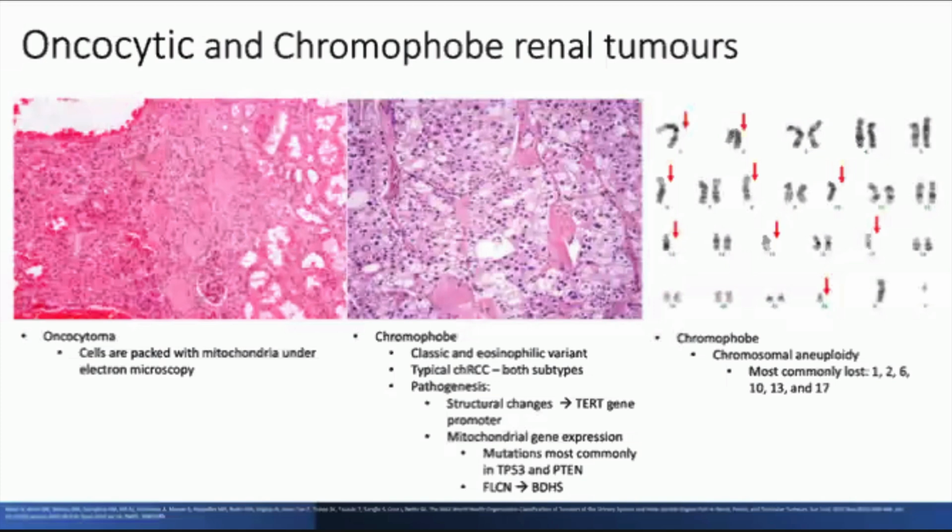And structural changes involving the TERT gene promoter have also been associated with shorter telomeres, which also have been found to drive oncogenesis. And finally, when you compare it to clear cell RCC, chromophobe is known to have lower somatic mutation rates and a low immune expression, which makes it an overall less aggressive cancer.